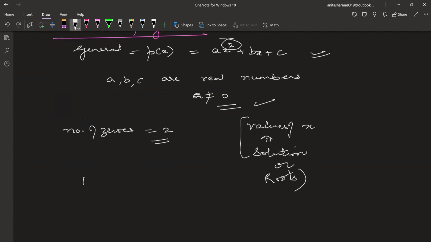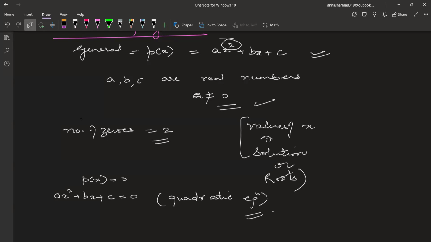So when this polynomial is equal to 0, meaning ax square plus bx plus c is equal to 0, it becomes a quadratic equation. Got it now? What is a quadratic polynomial and what is a quadratic equation? Yes, ma'am. In an equation, it should be equal to 0, but in a polynomial, it will not be equal to 0.